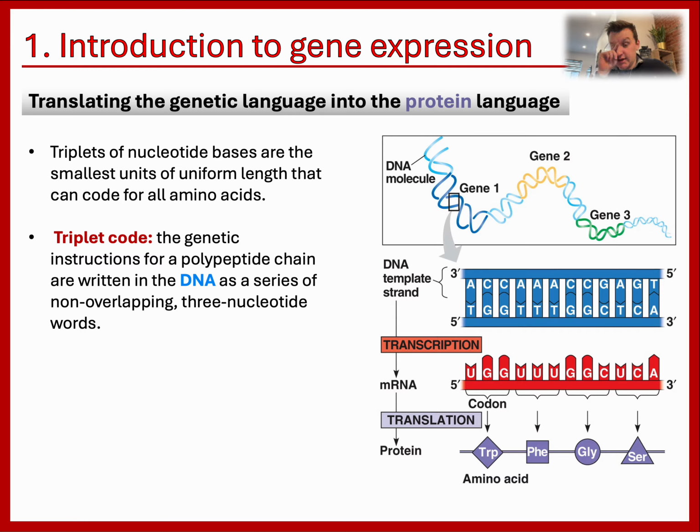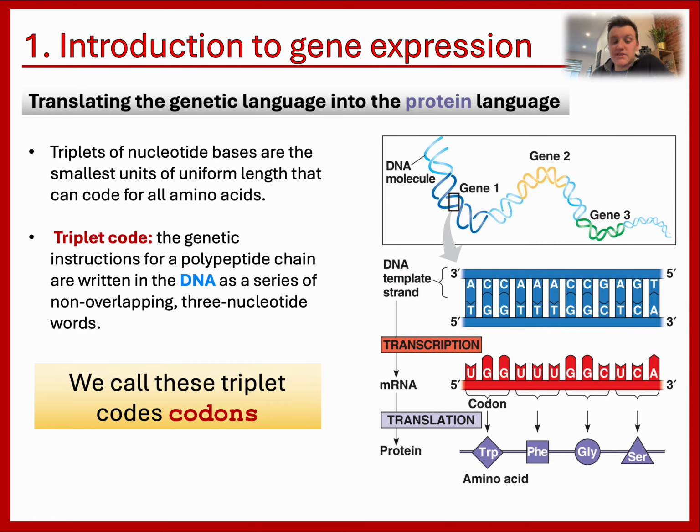So basically in our language, this DNA and RNA language, that triplet code, UGG, is what takes one amino acid and sticks it onto the chain of growing amino acids.